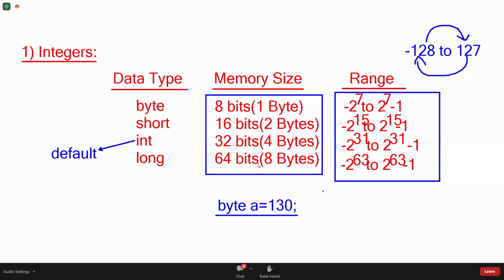Whenever you compile the program, immediately an error comes, because it is out of range. Okay, that is the reason no need to remember. Your compiler will remember. No need to remember by you. Your Java compiler is intelligent as compared to the C compiler. That's why no need to remember by you. And suppose yourself, you are converting forcibly.